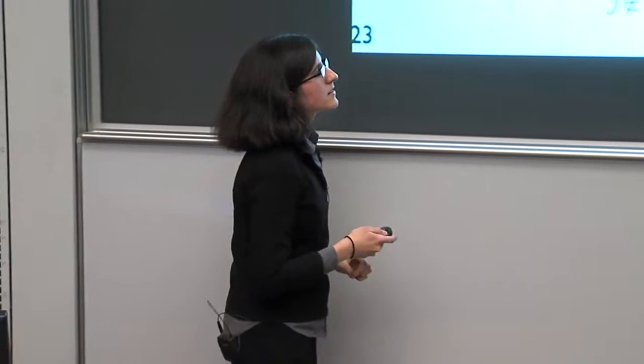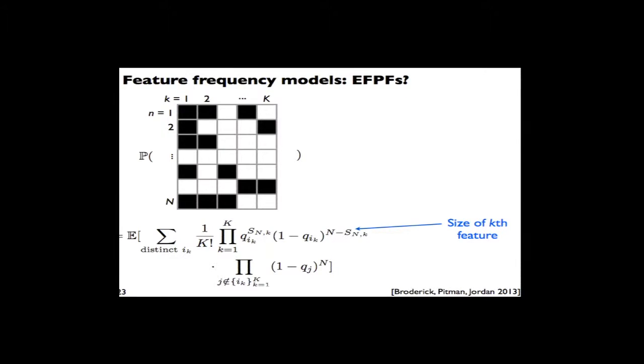And so again, the question we want to ask is, does this have the form of an exchangeable feature probability function? In particular, it's a symmetric function of the sizes of the features. It's a function of the number of features, which itself is a symmetric function of the sizes of the features.